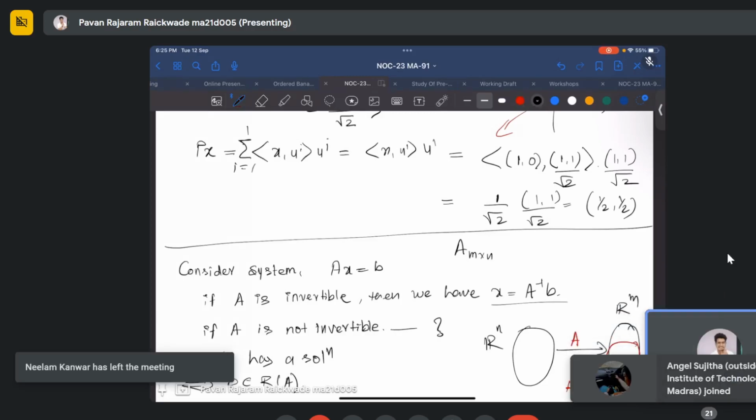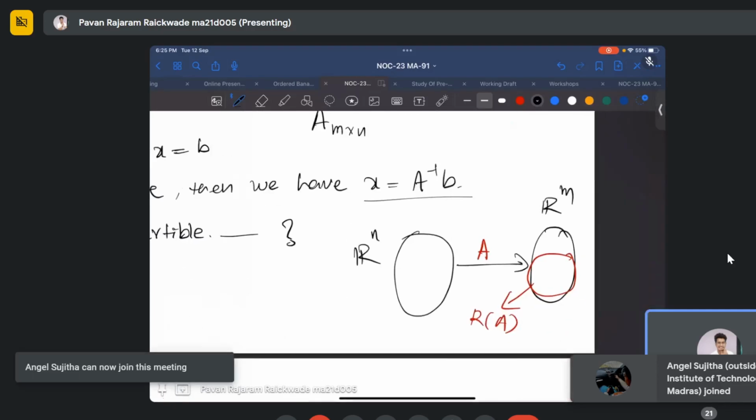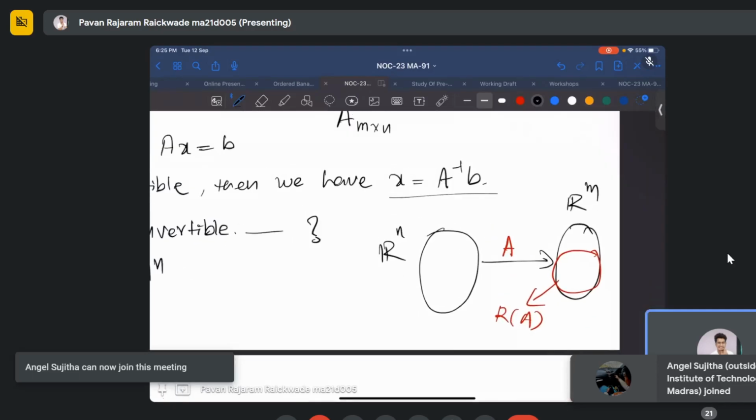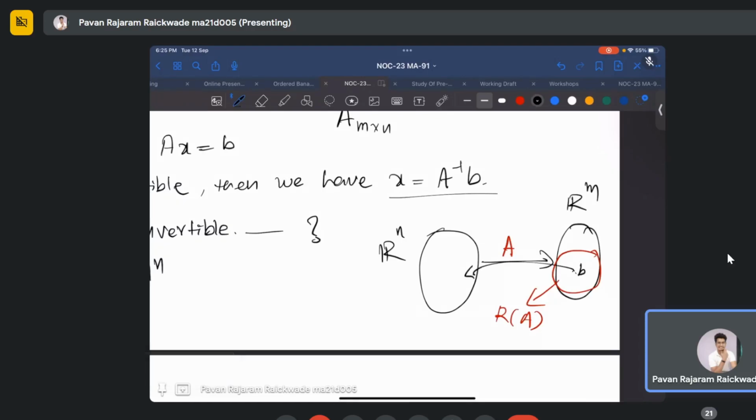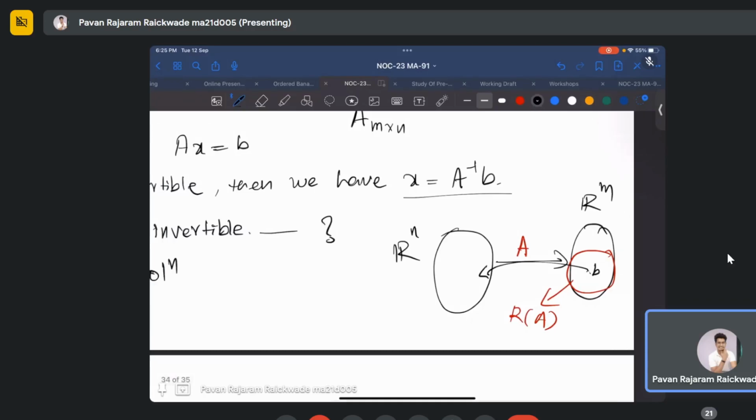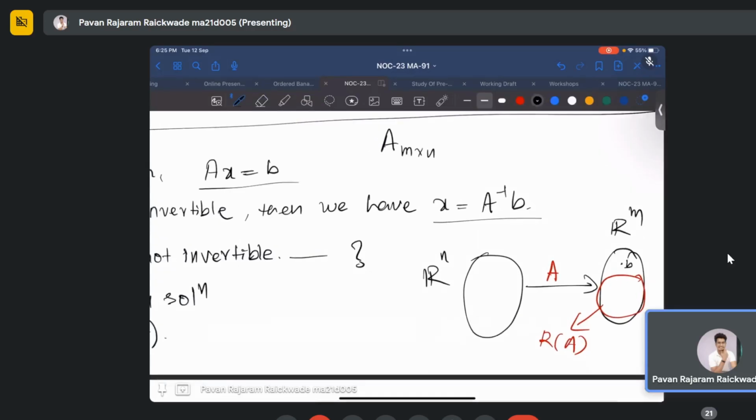If b is in here, you can get the inverse image. Maybe there are many elements, but you can find an inverse image. But if b is somewhere outside, then Ax equals b does not have a solution.